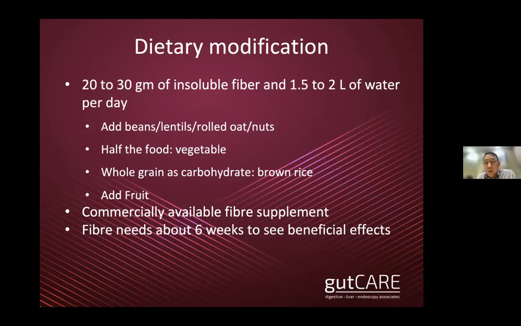Now, there's an exception to this. There are some patients that have slow transit constipation. The clue is that they will say they pass motion once in a long while, once in 4 days, once in 5 days, once a week. Very difficult, or they need laxatives all the time.